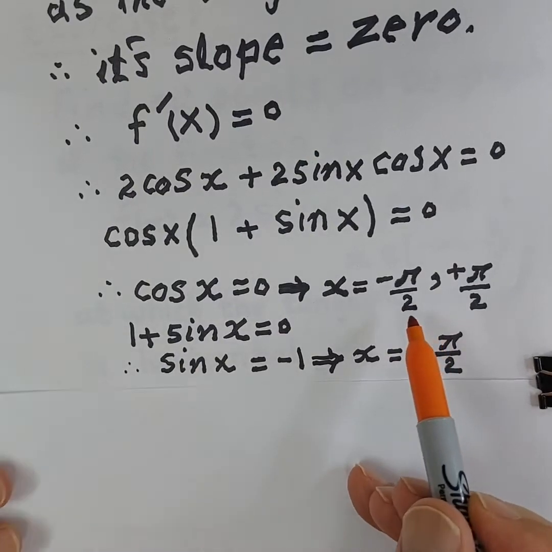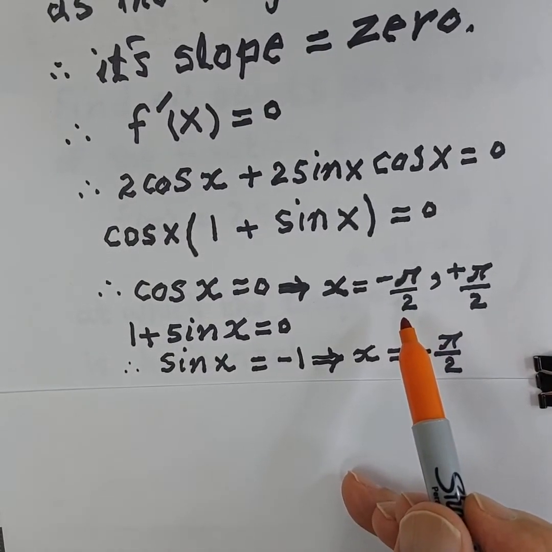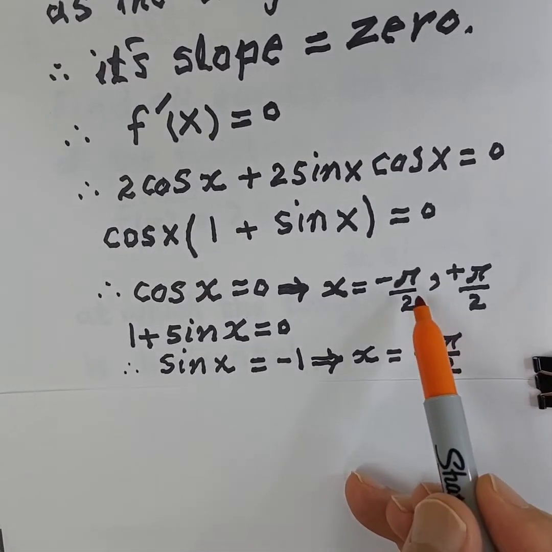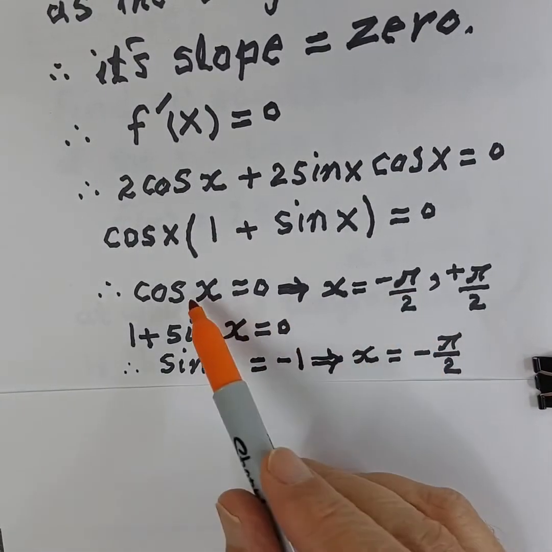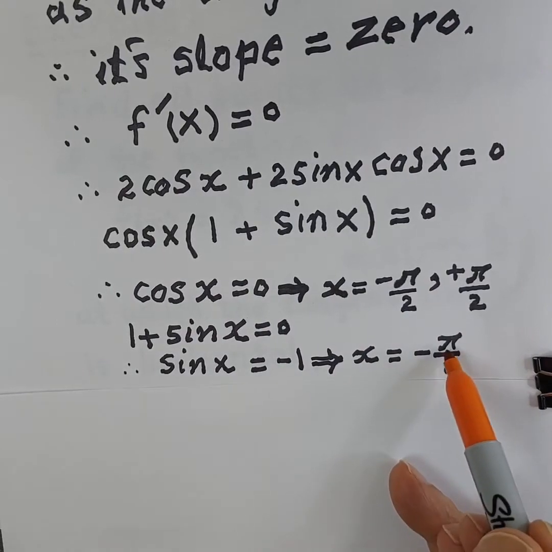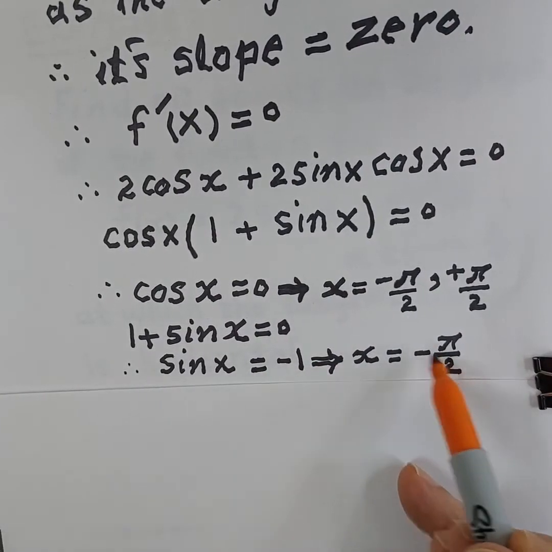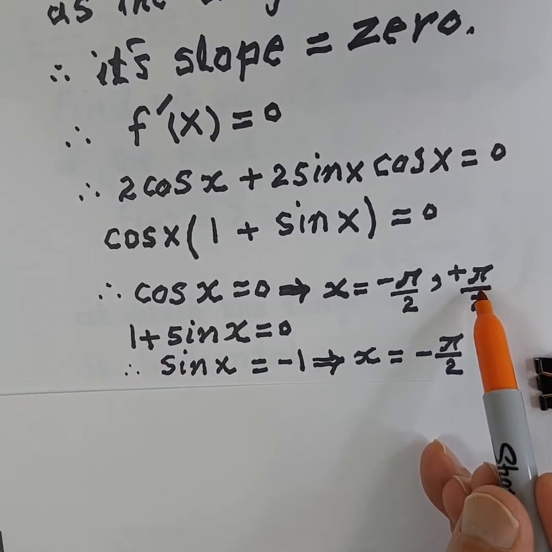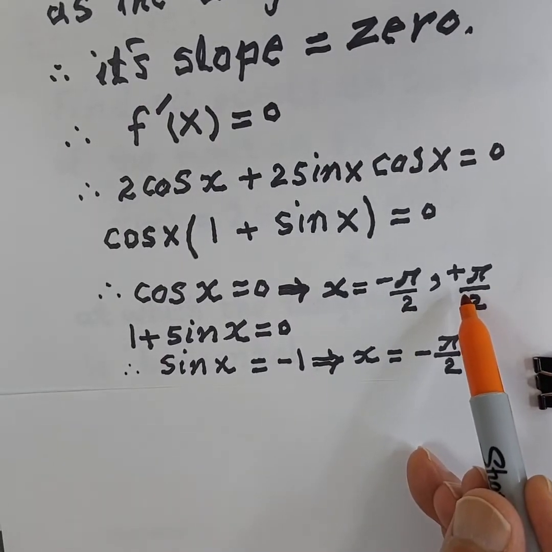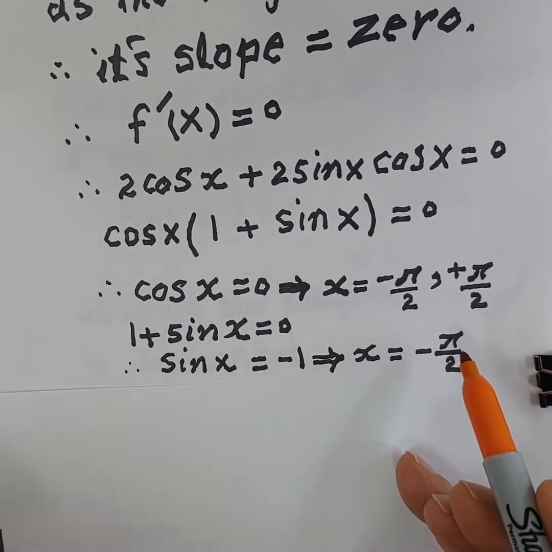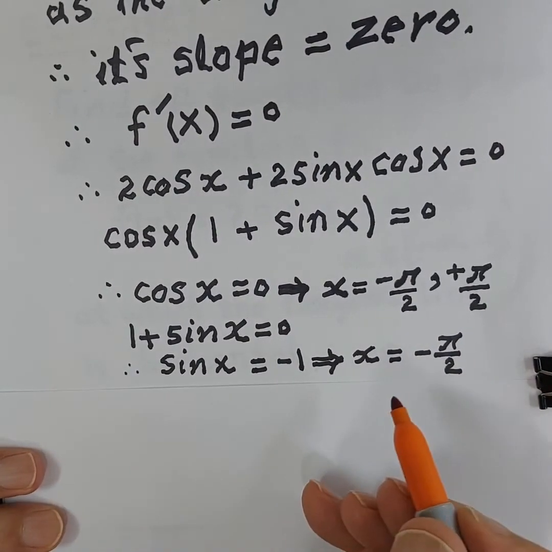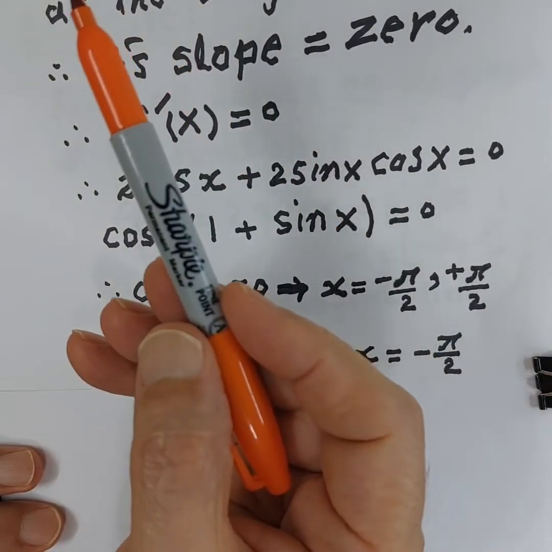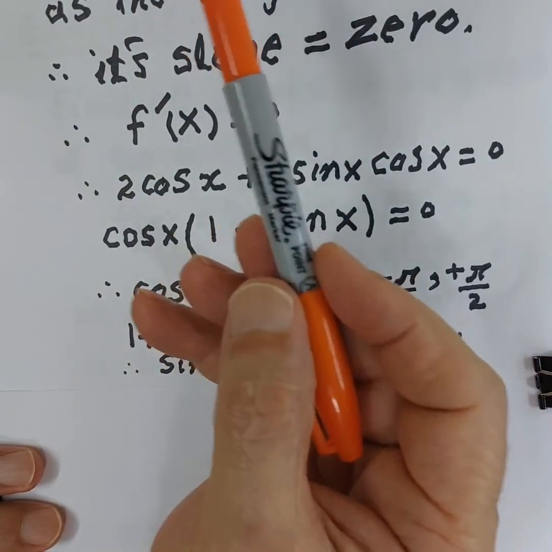As you see here, we just have 2 points, because this value for x in this equation is the same value here. So these coincide together. And this one also, the second one. So we just have 2 values for x. So we'll make substitution of each value in the rule of the function.